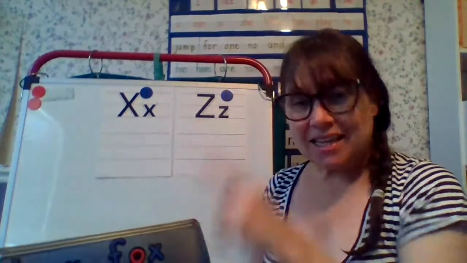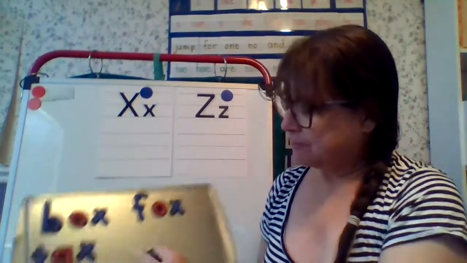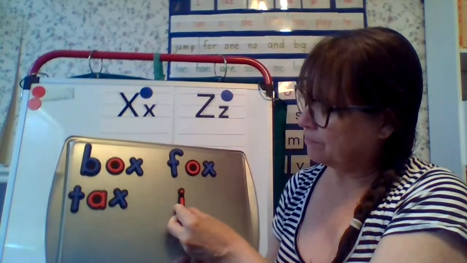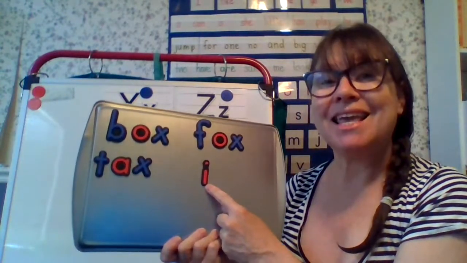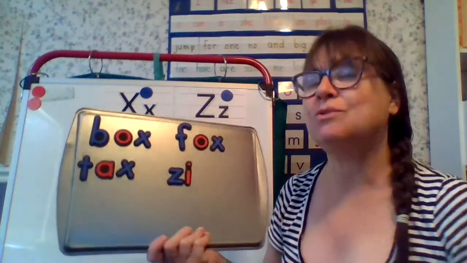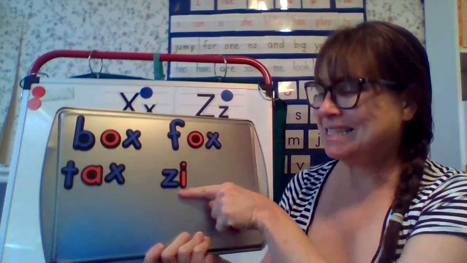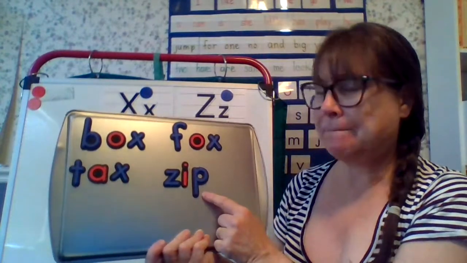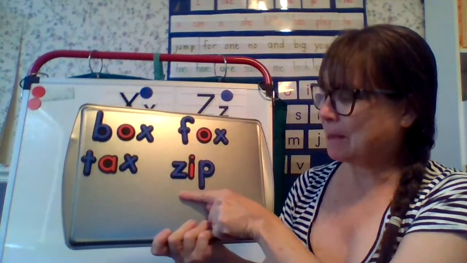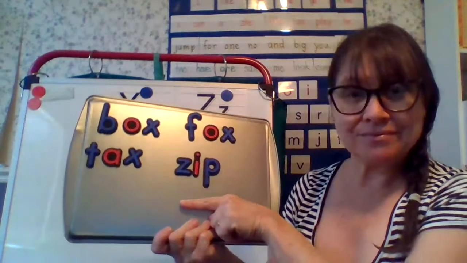Our Z is going to be back at the beginning now. So again, we're going to start with our vowel. What sound? I. So I'm going to add a Z at the beginning and we're going to blend those two sounds. Z. Zip. What's that word?